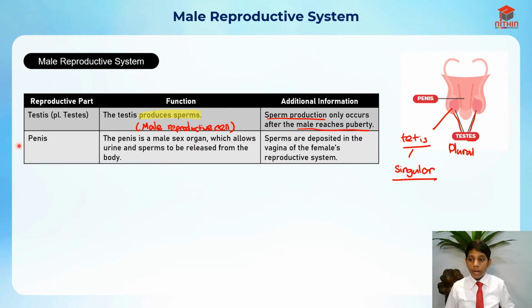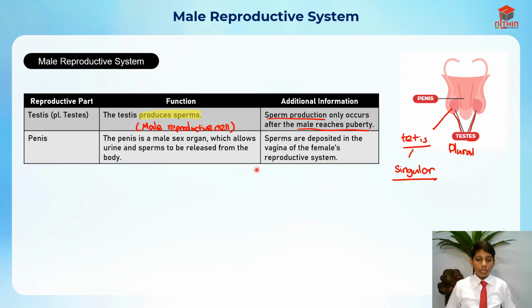And for the second part, the penis. The penis is a male sex organ which allows urine and sperms to be released from the body. For additional information, sperms are deposited in the vagina of a female's reproductive system.